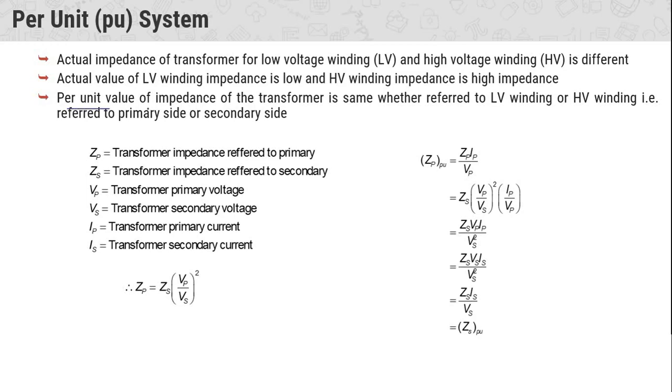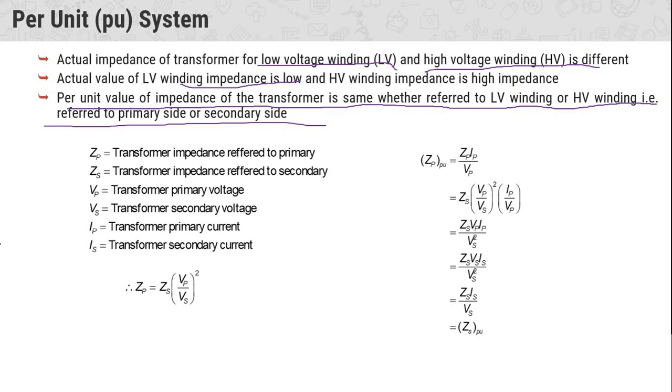The per unit impedance of a transformer is the same whether referred to the LV winding or the HV winding, for example, referred to the primary side or the secondary side. The actual impedance differs because of the voltage level.